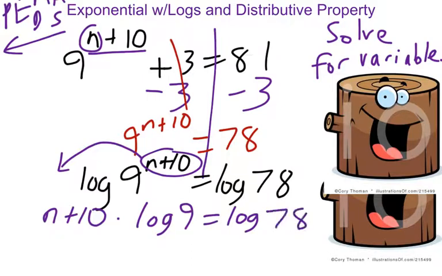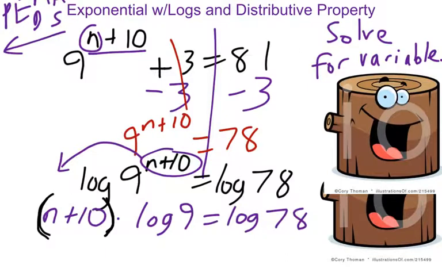And since I have the n plus 10 times the log 9, I have that whole number I'm multiplying, so I need to use parentheses there. That's the tricky part. You're multiplying the whole number, and that number's n plus 10, so it all goes in parentheses. It's that quantity.